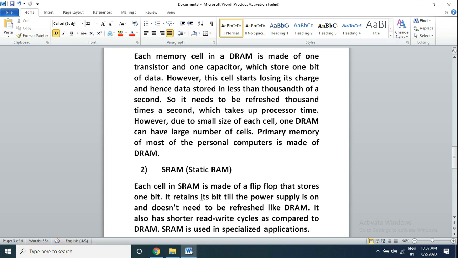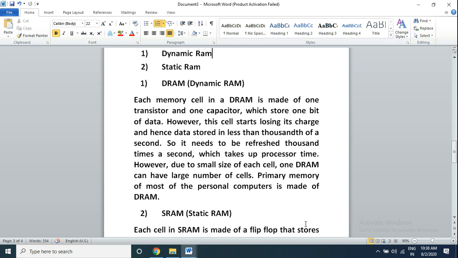It retains its bit as long as the power supply is on, and doesn't need to be refreshed like DRAM. It also has shorter read and write cycles compared to DRAM. Static RAM is used in specialized applications.